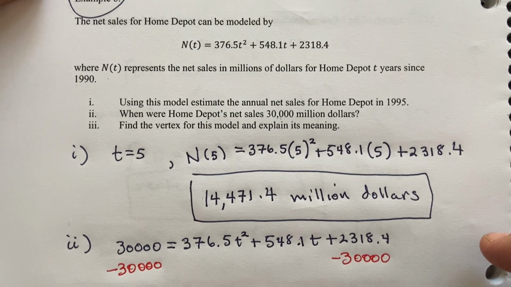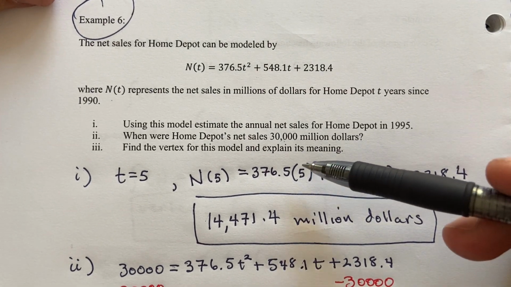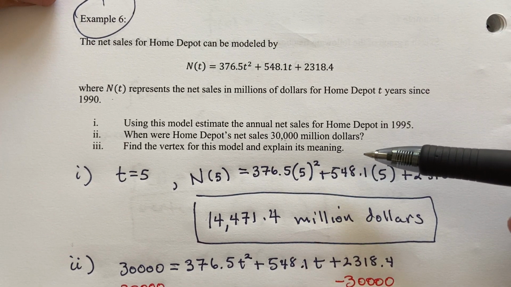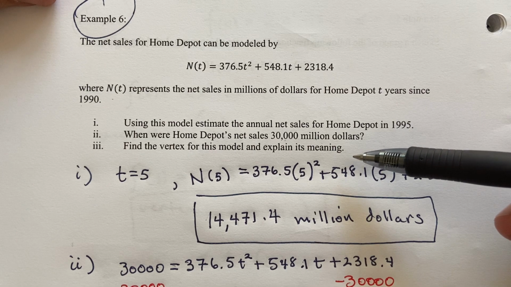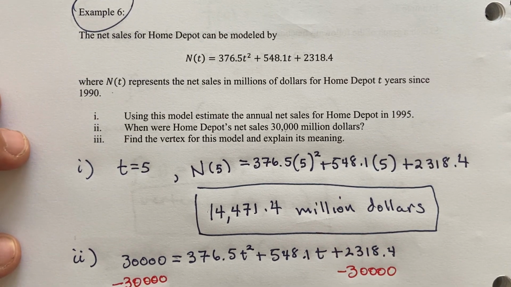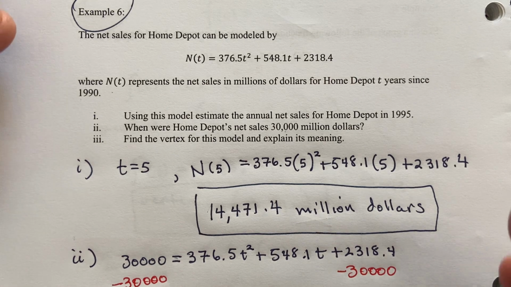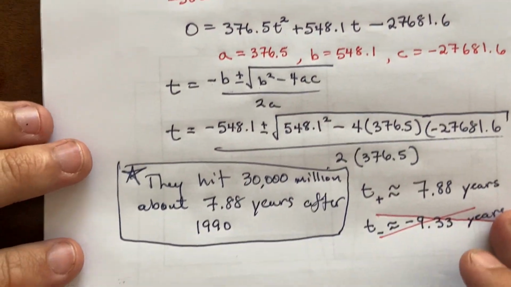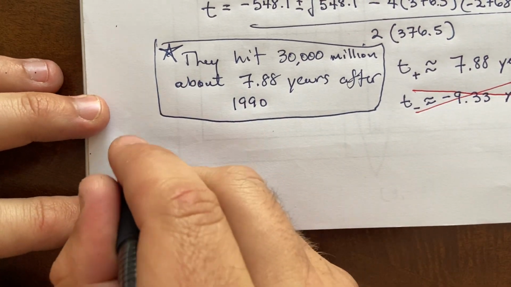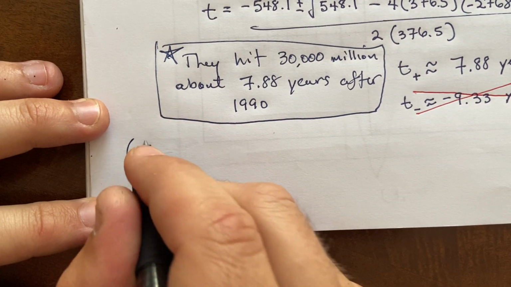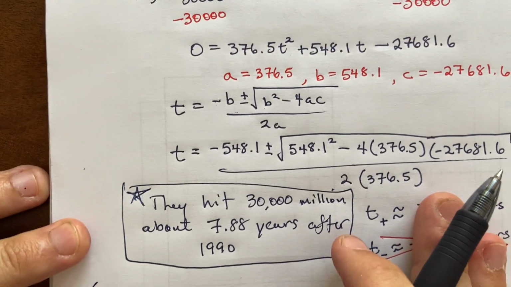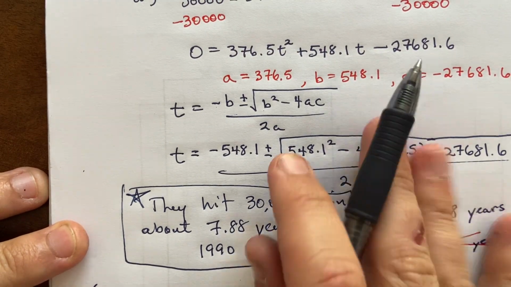Part 3 says find the vertex for this model and explain its meaning. Okay. So we had that vertex thing was opposite of B over 2A. So what we need to do is find opposite of 548.1, right?